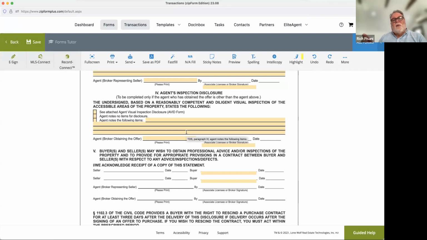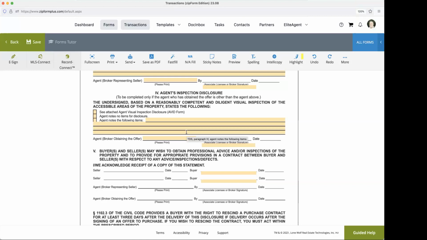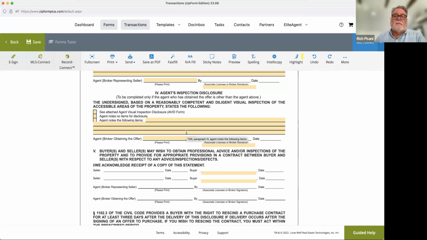But because we're saying see attached AVID, then it's not complete until that AVID is attached. What if the other listing agent puts agent notes, no items for disclosure, but something comes up? They could just say that and the buyer can't cancel. Right, no, the buyer can't. Okay.